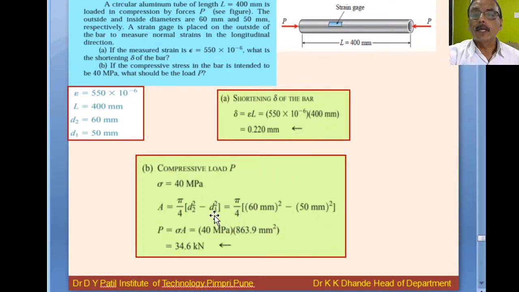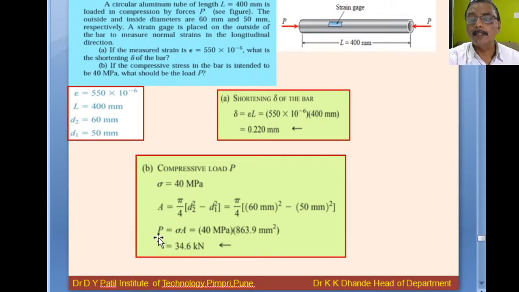Second, we have to calculate the load. The compressive stress in the bar is given as 40 megapascal, already given in the numerical. The cross sectional area is pi by 4 into 60 bracket square minus 50 bracket square. So sigma is equal to load upon cross sectional area.